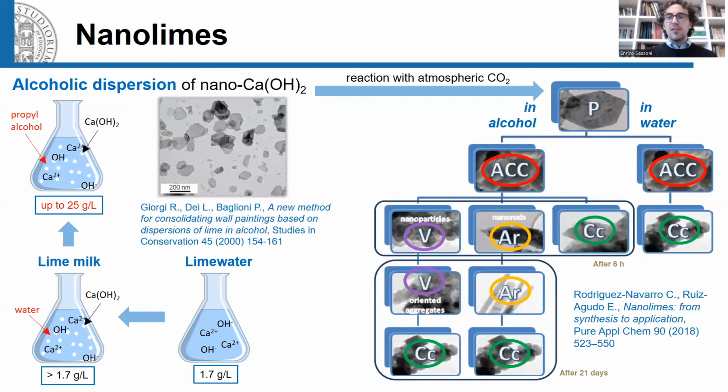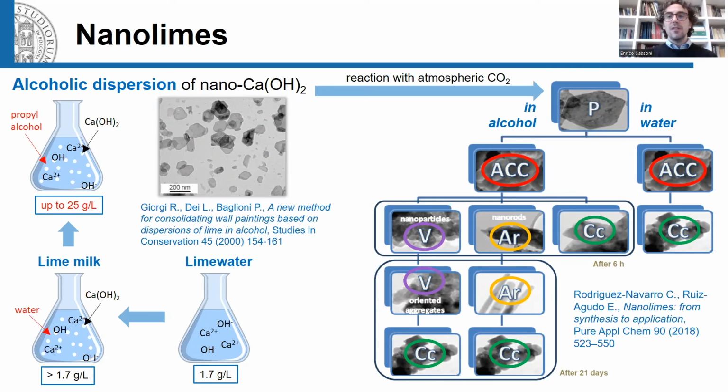Because of the limitations exhibited by organic polymers, in recent years the research has mostly focused on new inorganic ones. In the year 2000, the use of alcoholic dispersions of calcium hydroxide nanoparticles was proposed.